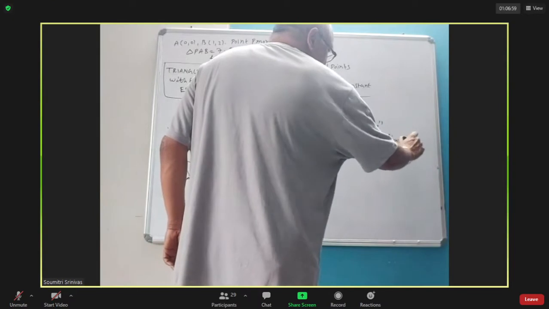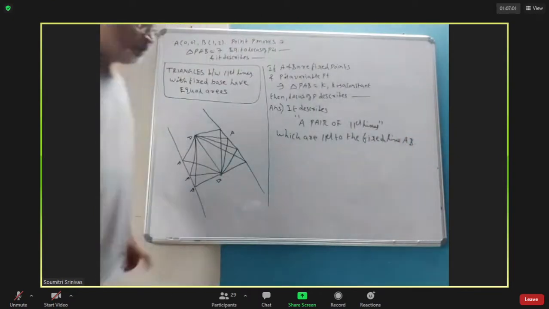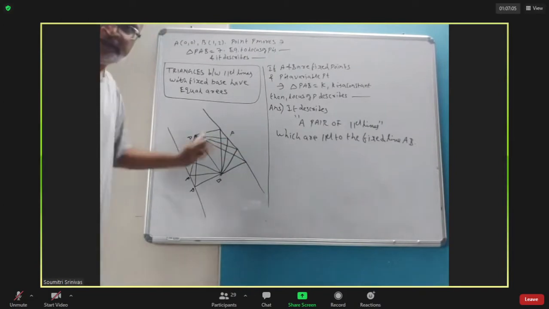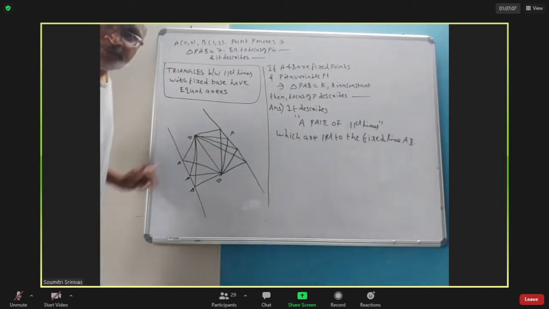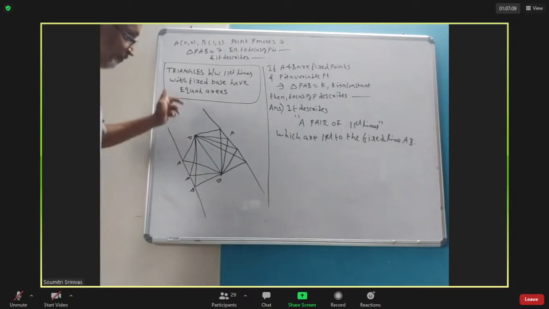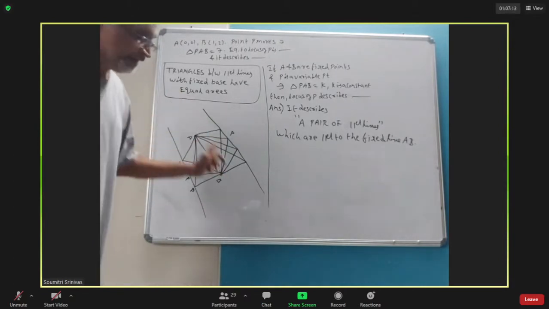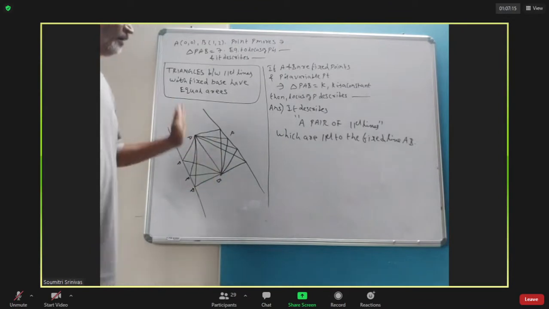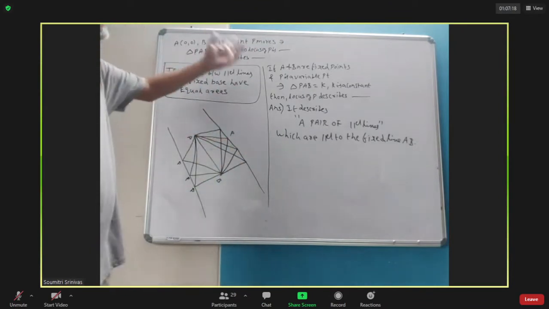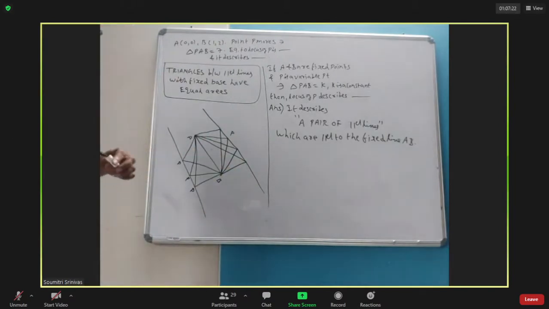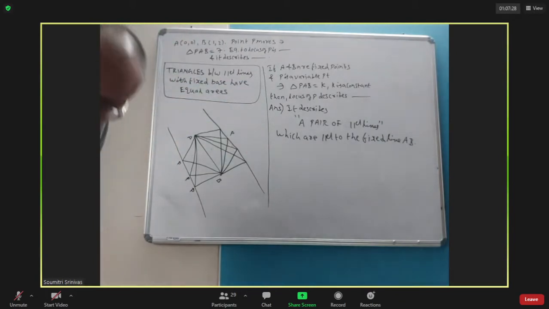What's the fixed line? AB. The locus of P describes a pair of parallel lines. Can you see that in the figure? A pair of parallel lines which are fixed, which are parallel to the fixed line AB. Come on, you write this, then you start. The solution is simple. Start solving the problem. First copy this, then write the solution.